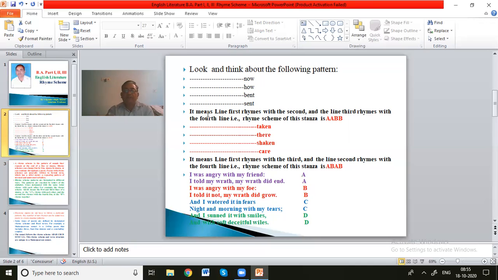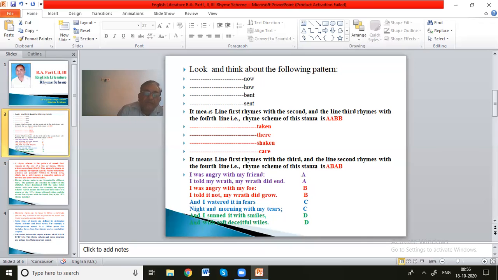It is not matching with "taken," so let us say it is B. Similarly, "shaken" in the third line matches with the first, so it is again A, and "care" is again B. It means the first line rhymes with the third, and the second line rhymes with the fourth line. So the rhyme scheme of this stanza is A, B, A, B. Rhyme scheme means rhyming with each other at the last sound. We will see the definition next.